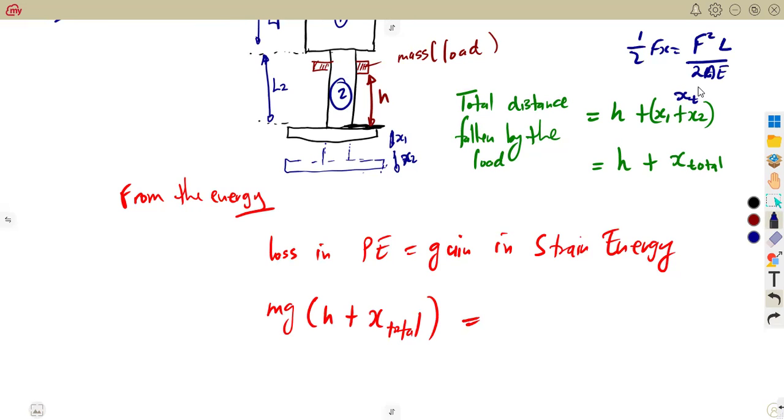But look now what is happening. Remember, you're talking of the total. The loss of it, the gain is also supposed to be the total. So meaning to say, it was supposed to be the strain energy from the first one plus the strain energy of the second one. It was supposed to be like this, U1 plus U2.